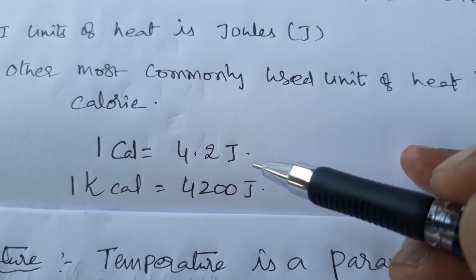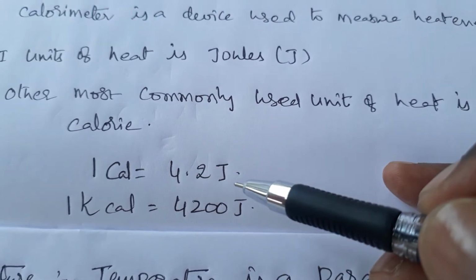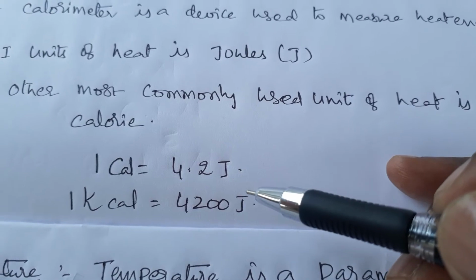There is a relation between calorie and joules: 1 calorie is equal to 4.2 joules.